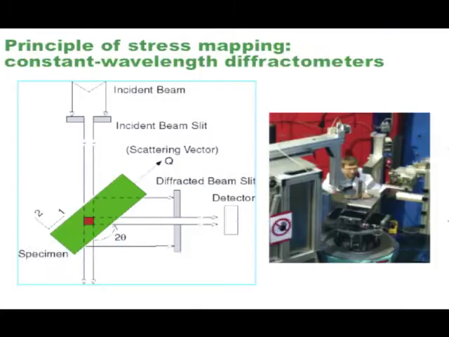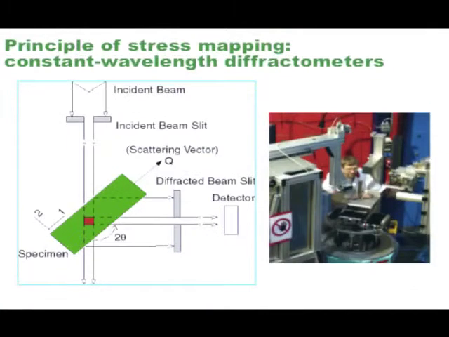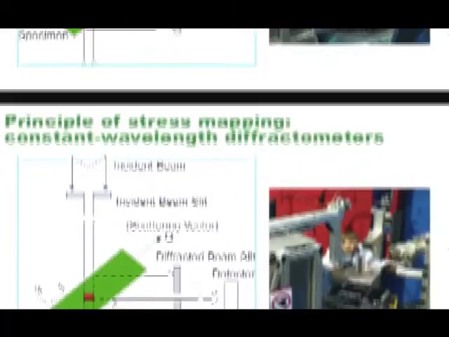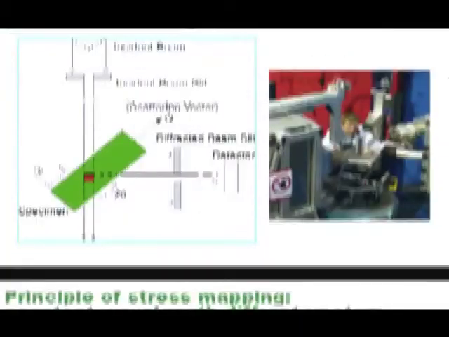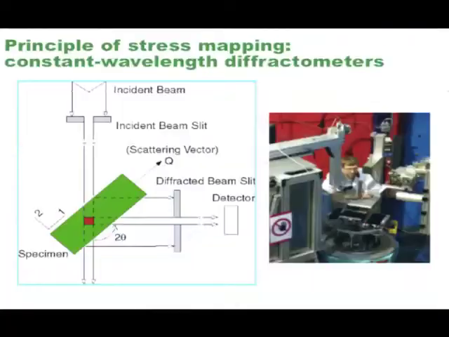The intersection of these two beams gives you this sampling volume, that's fixed in space. And all you have to do is move the sample around this sample position to get your strain or stress or whatever mapped out. That's how it's defined on a reactor source.